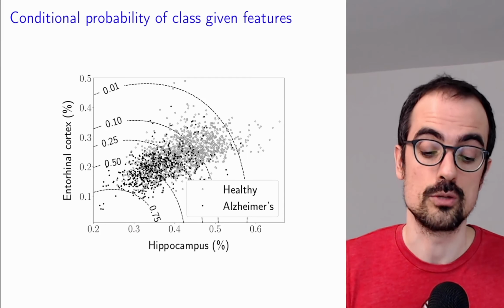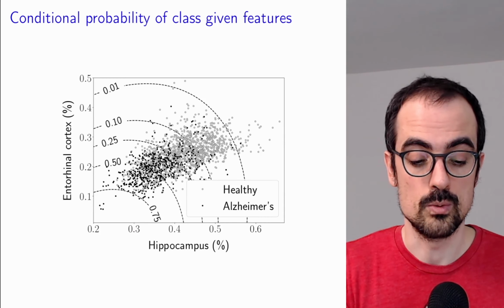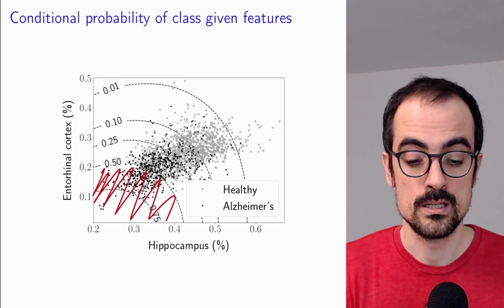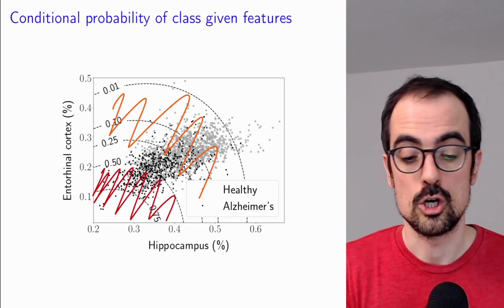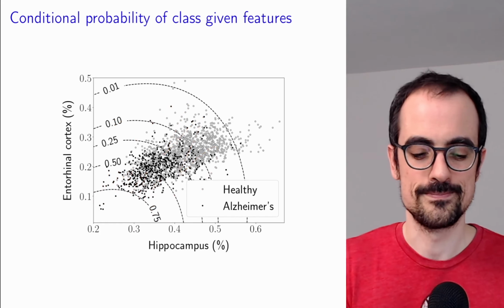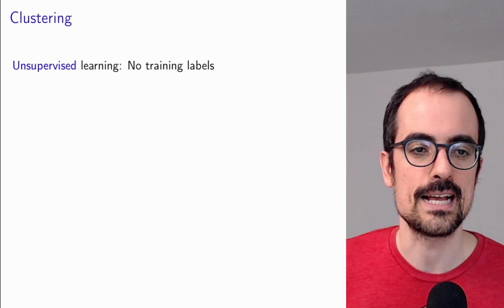You can get the conditional probability of healthy or Alzheimer's given the features. So here we would probably classify these people as Alzheimer's and these people as healthy, although the precise boundary would depend on what you want to do with this model. Again, more details in the video on Gaussian discriminant analysis.